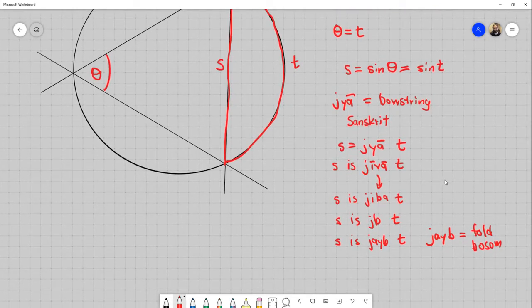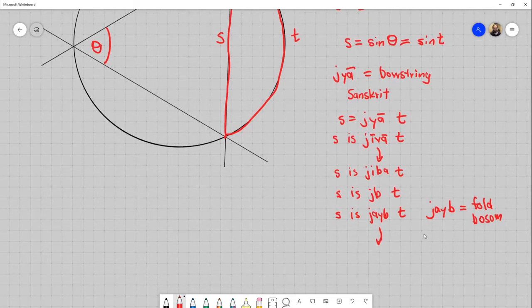But then this jayb t got translated into the Latin sinus. So S is sinus t. The Latin word sinus also means fold or bosom in Latin.